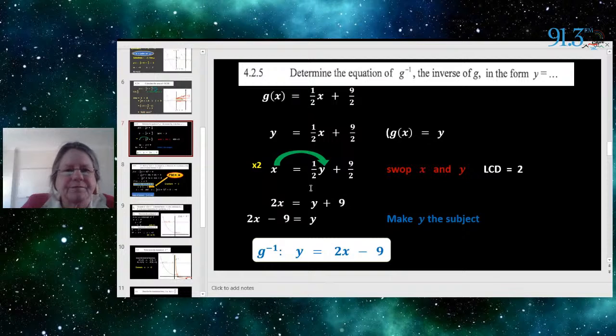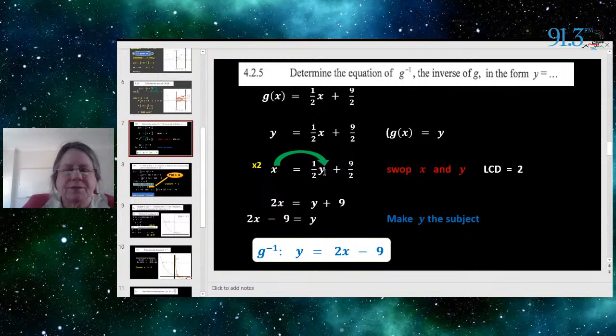So let's do it. So now the y will become an x equals a half y plus 9 over 2. Now, the next thing we need to do, remember they say in the question, we want the subject of this equation to be y. So we will have to work this equation so that y is the subject of the equation once again.